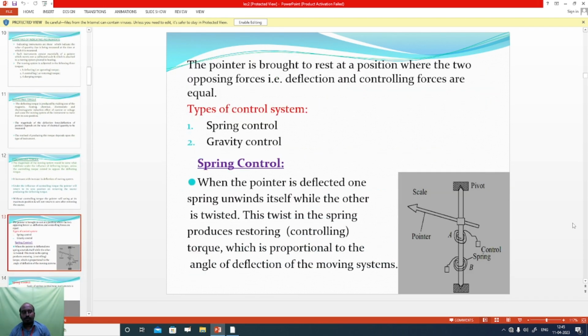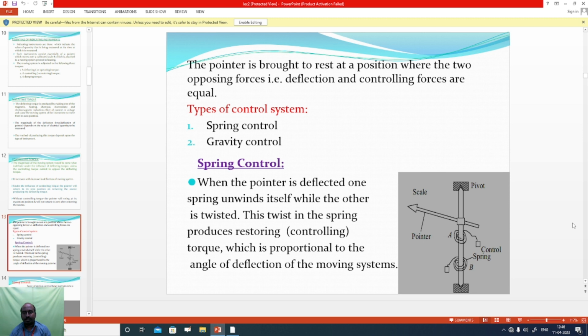So there are two types of control: spring control and gravity control. The pointer is at rest only when the deflecting and controlling forces are equal.